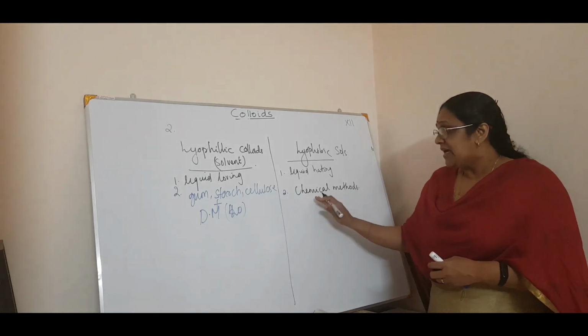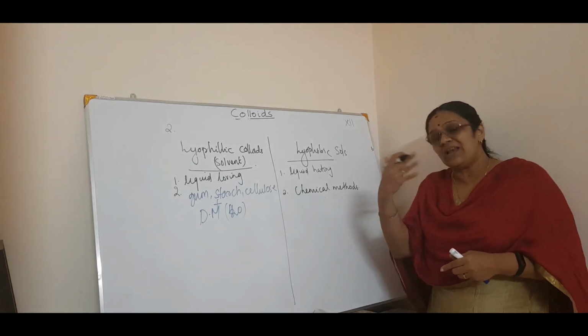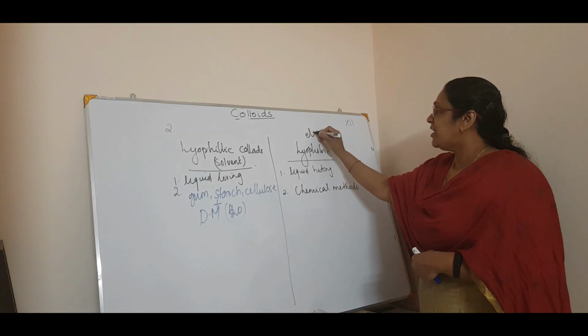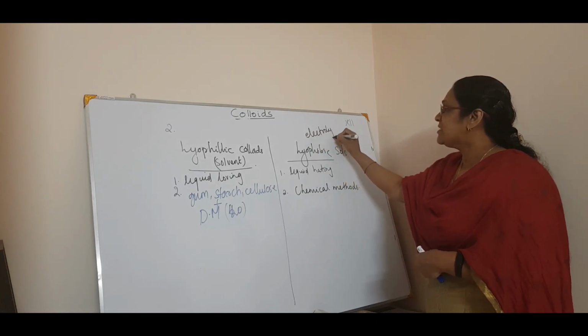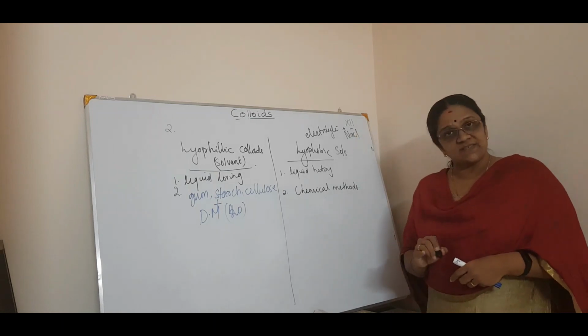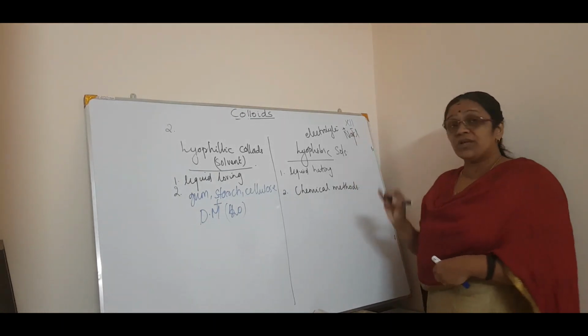That means in this lyophobic sol, if you add more electrolyte, you know, what is an electrolyte? Electrolyte means, for example, NaCl is an electrolyte, having ions. They will dissociate into the corresponding ions.